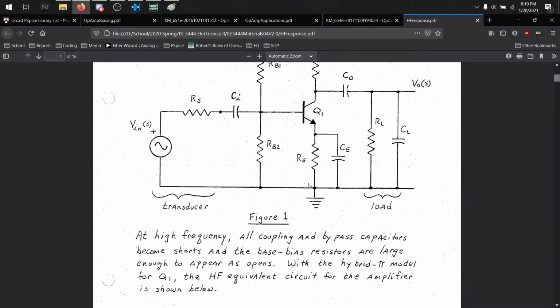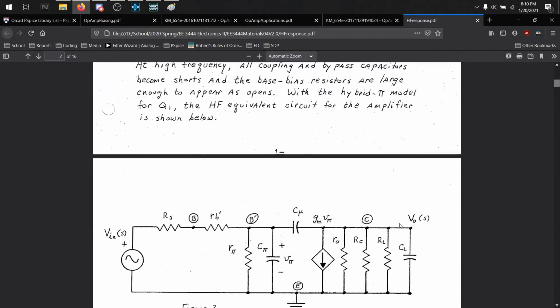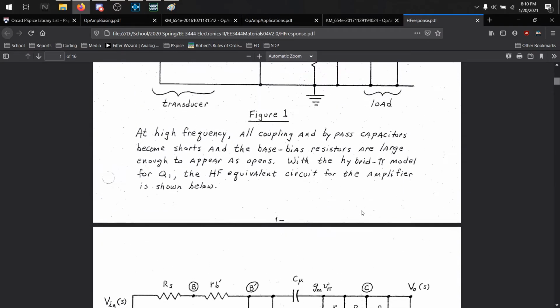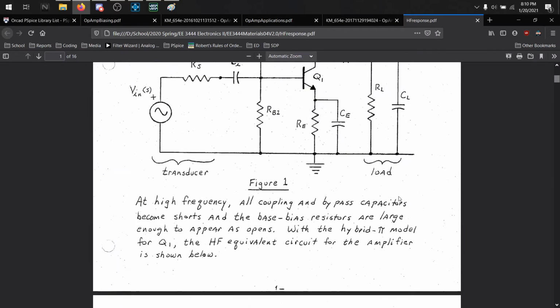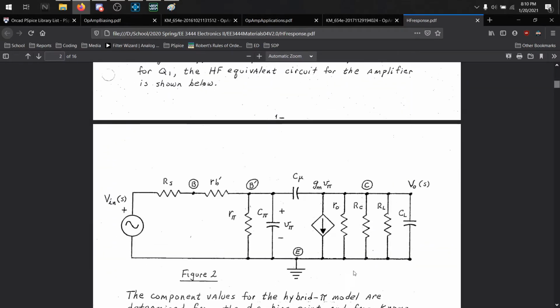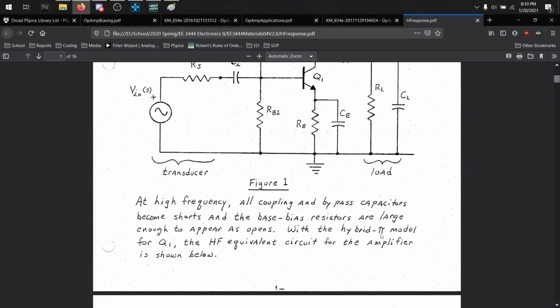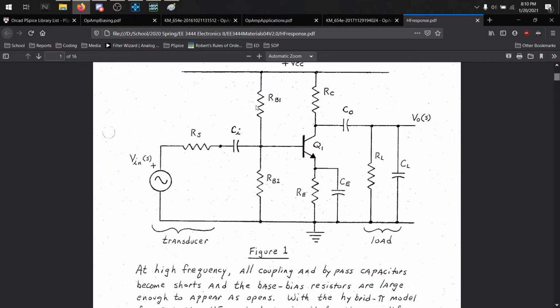This is a BJT, and an op amp is just a combination of transistors. But to simplify it, if you took Dr. Russell's class and you're taking electronics 1 this semester, you'll come over to the Miller model. So this whole transistor circuit can be represented by this: RS, RB, RBB right here, RC, RE.